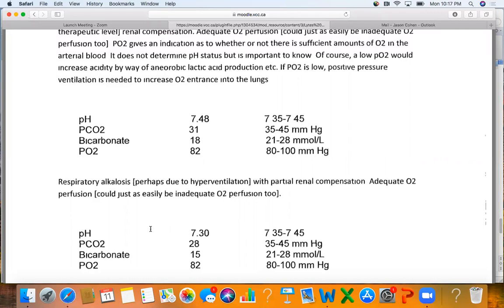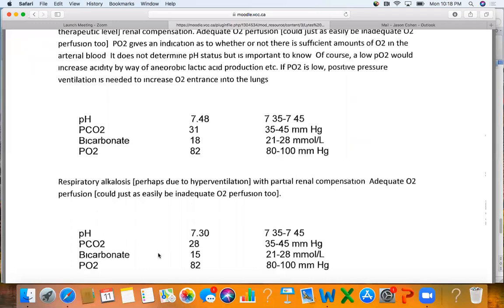Bicarb is low. All things being equal, bicarb is a basic element, isn't it? So it's a basic player. So if it's too low in the body, it's driving us towards acidity in and of itself. So we match them up. In this case, the bicarb and the pH are both the acidic ones, and the CO2 is the basic one. So what you've got here is, for whatever reason, again, it could be kidney failure, dumping bicarb and it's not supposed to, who knows?